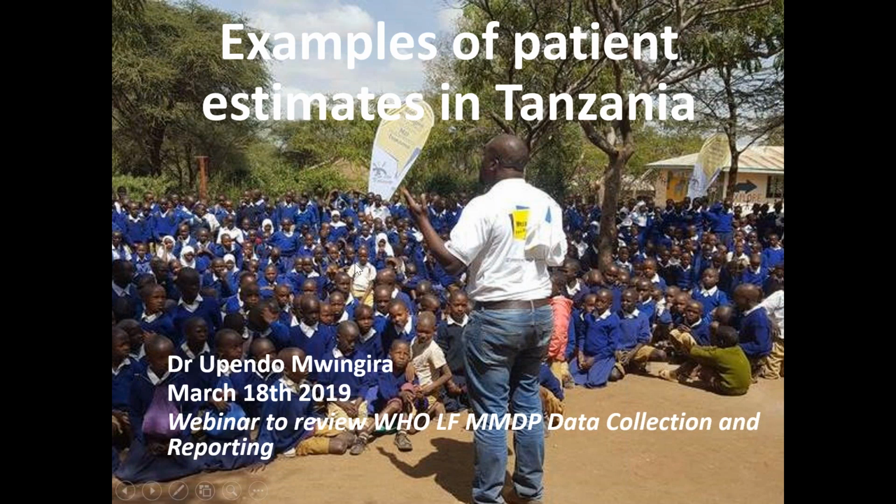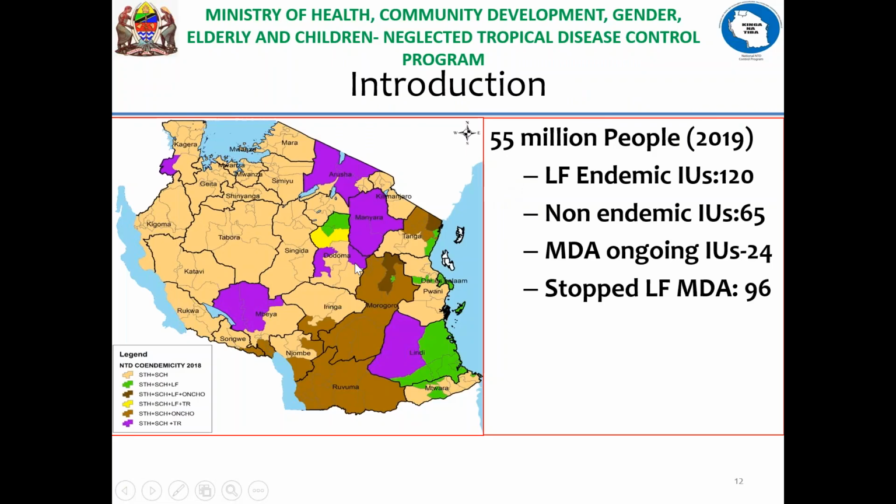I'm going to present on examples of patient estimates in Tanzania. Tanzania is a country with a population of 55 million people. We have endemic districts coming up to 120, while those with no LF transmission are around 65 districts.